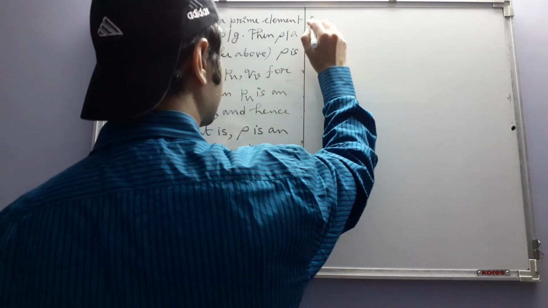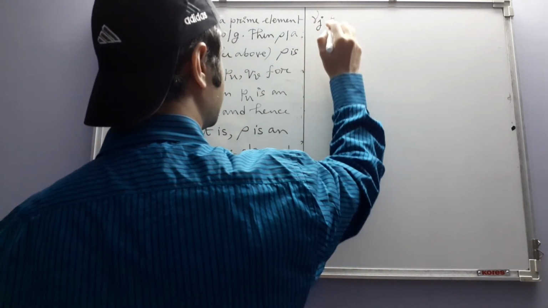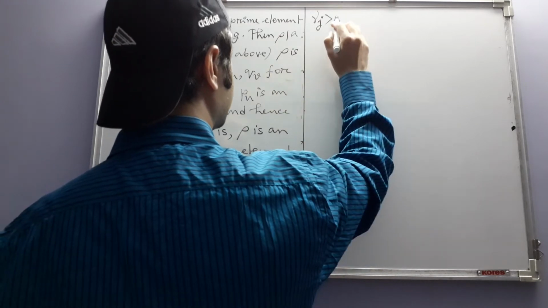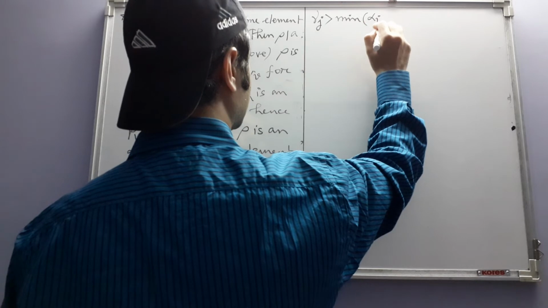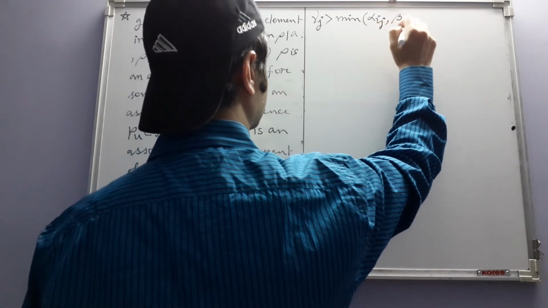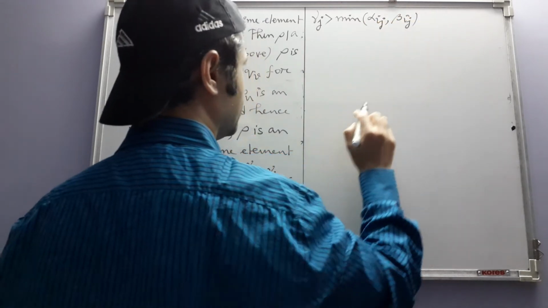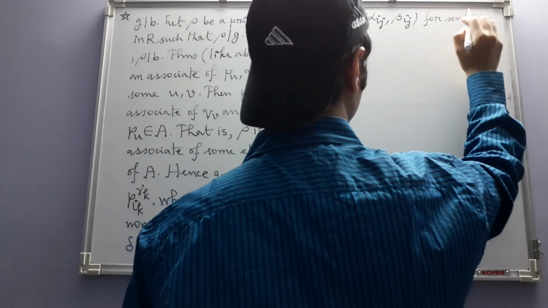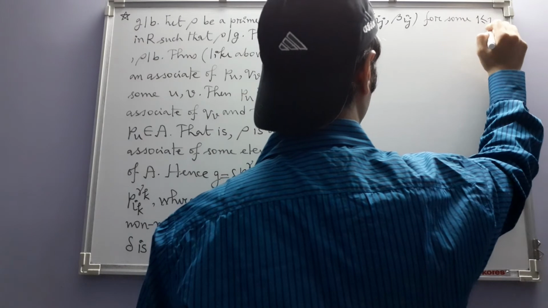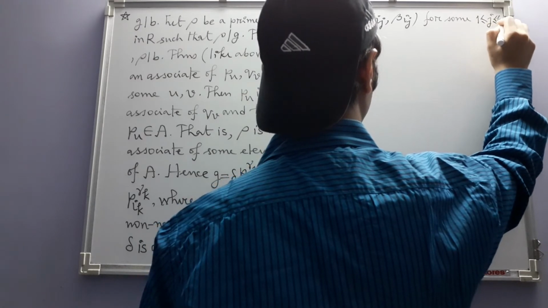Suppose gamma j is strictly greater than the minimum of alpha ij and beta ij for some j lying between 1 and k.